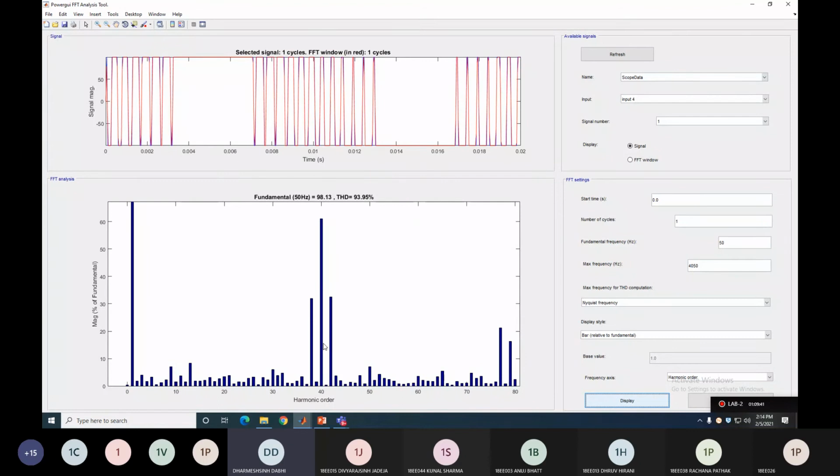As you increase the frequency to 2000, 3000 or 4000 hertz, the order of the dominant harmonic will increase. Suppose you select 3000 hertz, then the dominant harmonic is the 60th order. Clear? Ultimately, as you increase the carrier frequency, the dominant harmonic frequency increases.